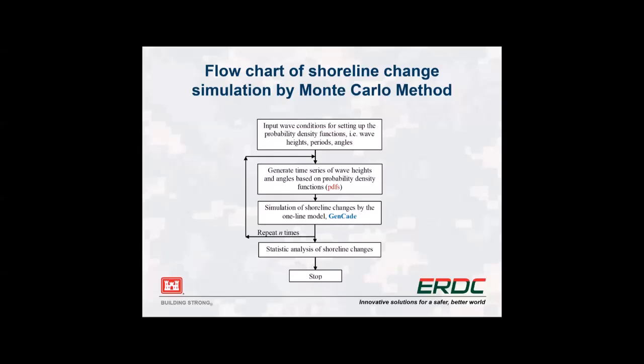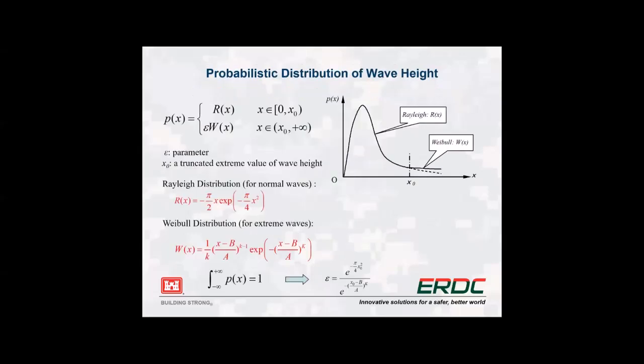Then you generate time series of wave heights and angles based on those PDFs. You simulate those wave heights and angles through GenCade, repeat it as many times as necessary, and then once that's done, you perform a statistical analysis of the shoreline changes to determine the full range of potential profiles. And then that's when you stop.